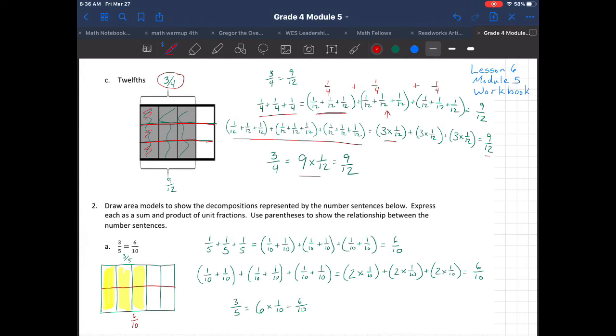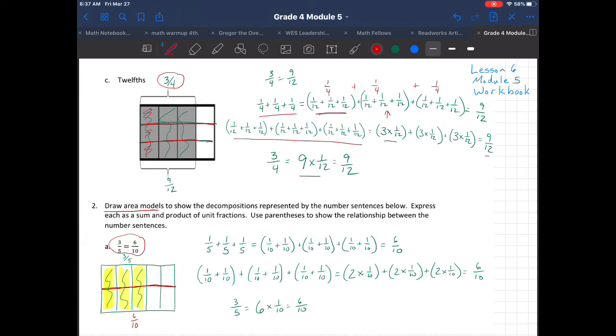For number 2, they are saying the same thing, but we have to actually draw the model. So I drew a model initially doing 3/5. These are my 3/5. We drew the extra line to make it be 6/10 so that it would match up with this equation.